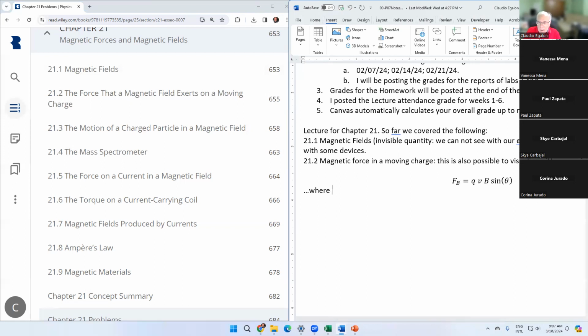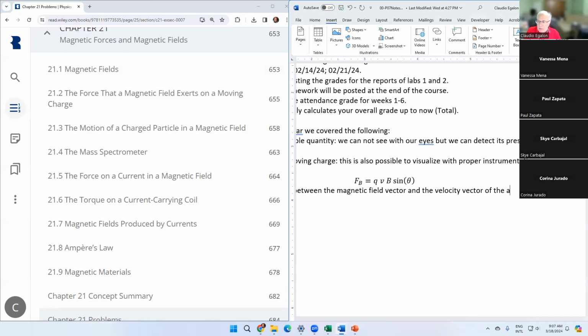Where theta is the angle between the magnetic field vector and the velocity vector of the charge.